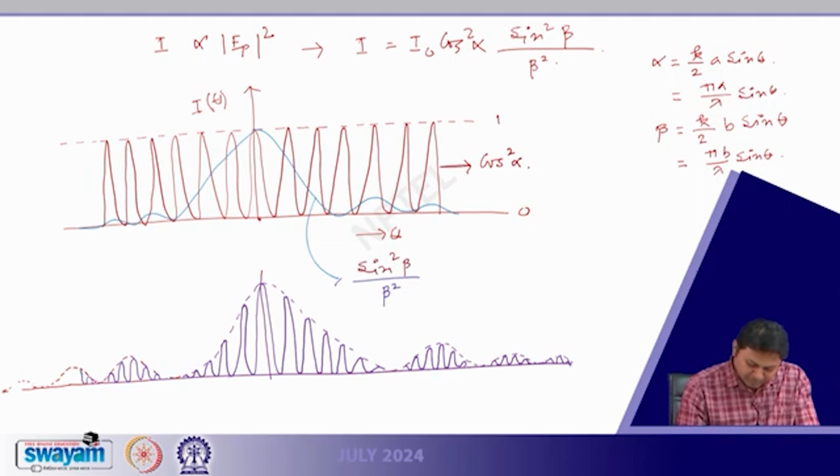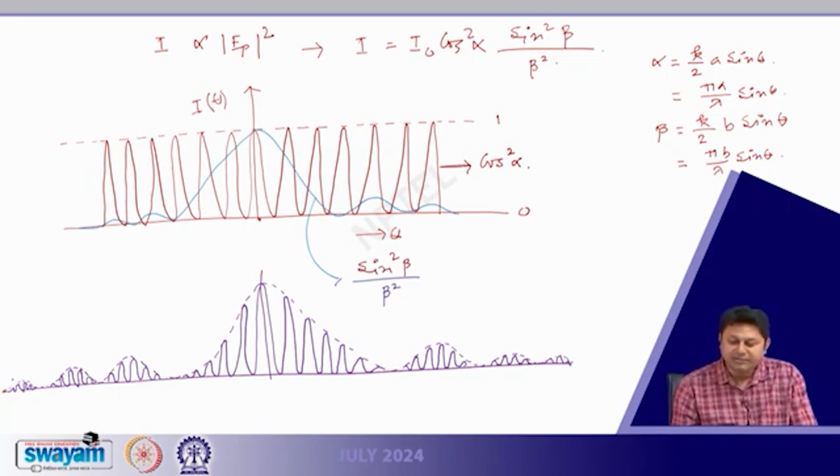Here the interesting thing that we need to note is there are two contributions, one is cos square alpha and another is sine square beta. The cos square alpha contribution is coming due to interference of the two lights coming from the two slits, and the envelope that we are getting here is basically coming because of the contribution of diffraction.